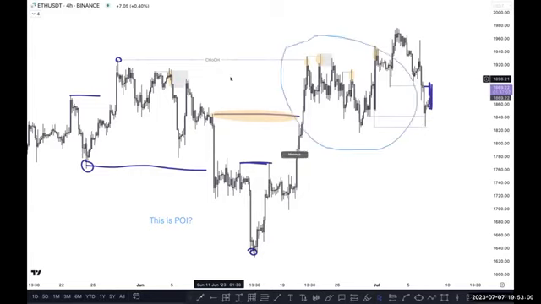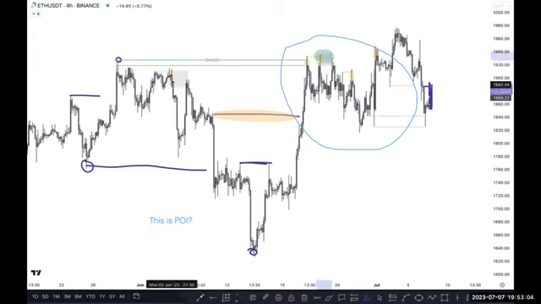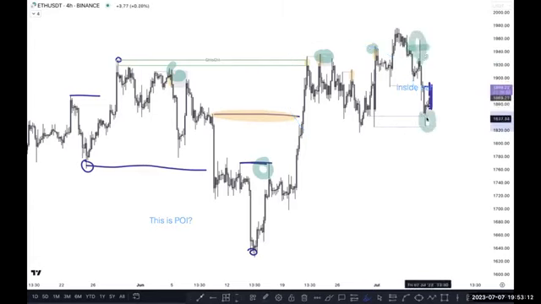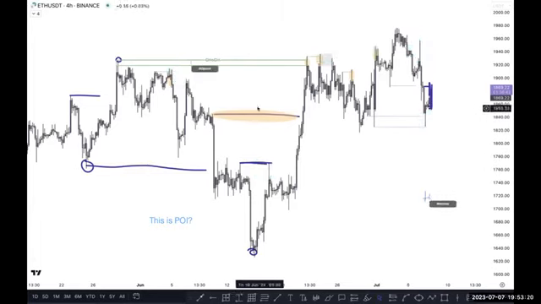Something like this. And there are so many entries here and here, at this point, and also taking out the liquidity here, and here also. There are so many possible buy entries here. Okay, so let me bar play this part one by one.